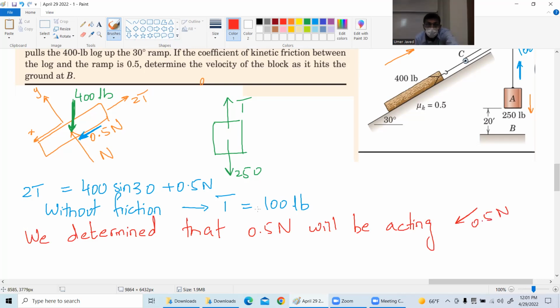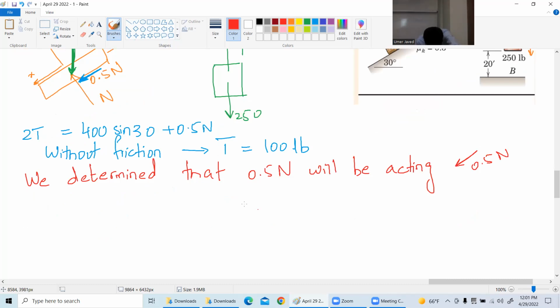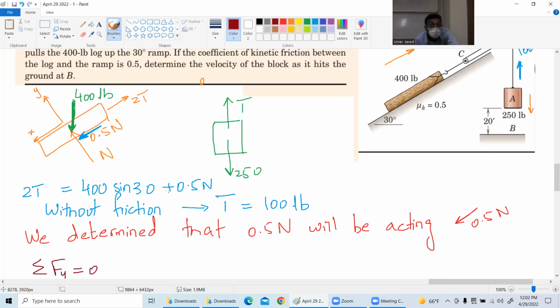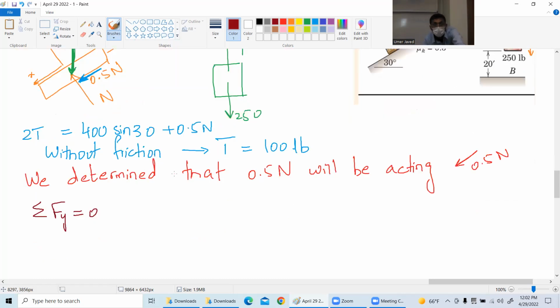Now let's do summation of forces in the y direction equal to 0 for the block. Yes, please. It's not Newton, it's normal force. 0.5 multiplied by N, that's normal force. That's not Newton. Yeah, so summation of forces in the y direction equal to 0.